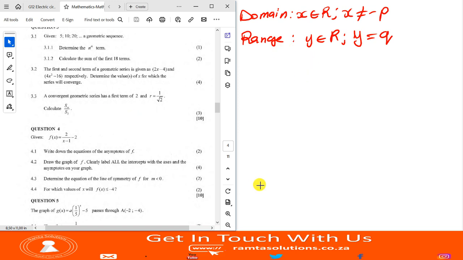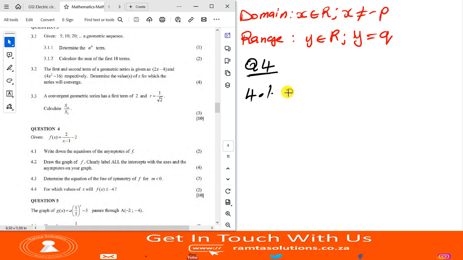All right, now let's answer the questions. Remember, guys, if you're using a mobile device, I urge that you rotate your screen. Question 4.1: write down the equations of the asymptotes of f. This is a over x plus p, plus q. What is p? p is negative 1.